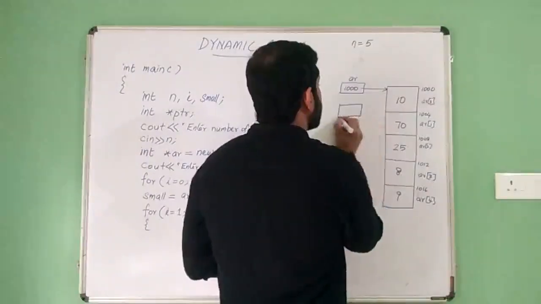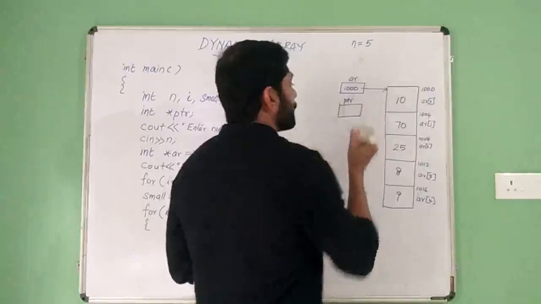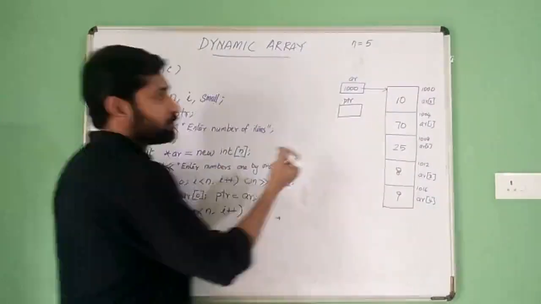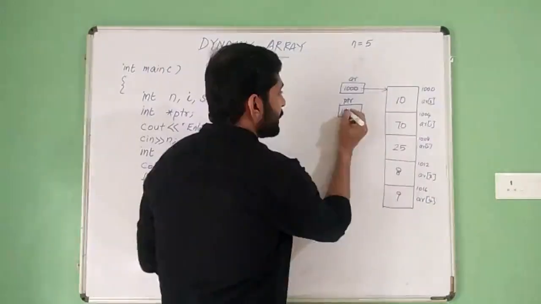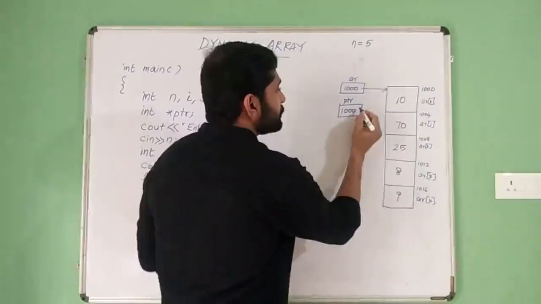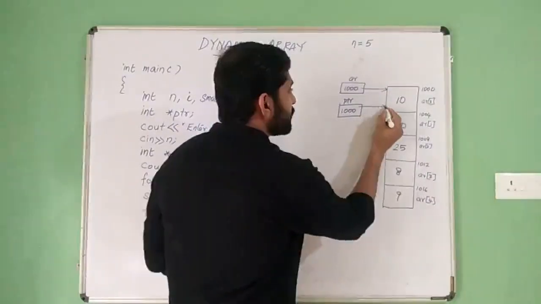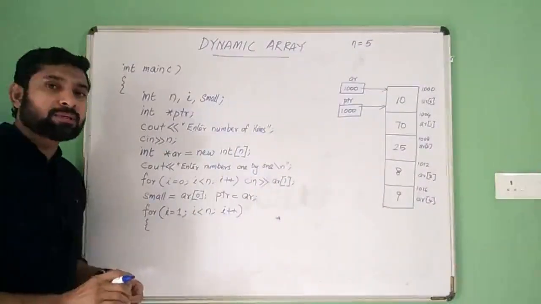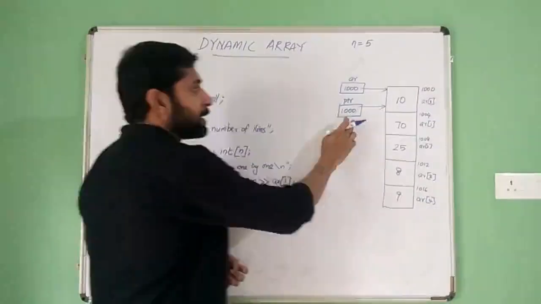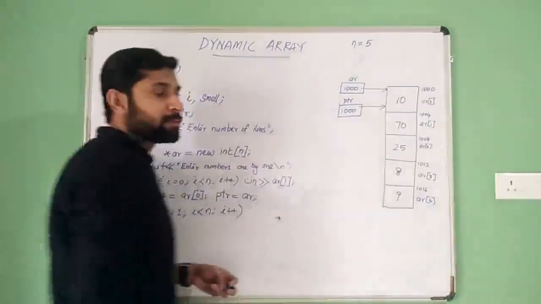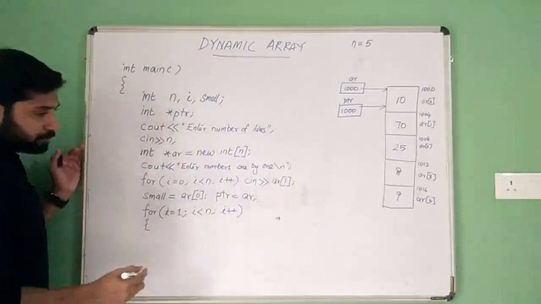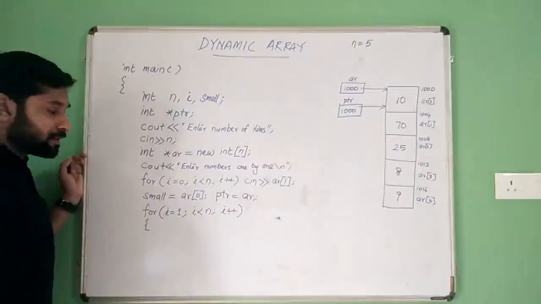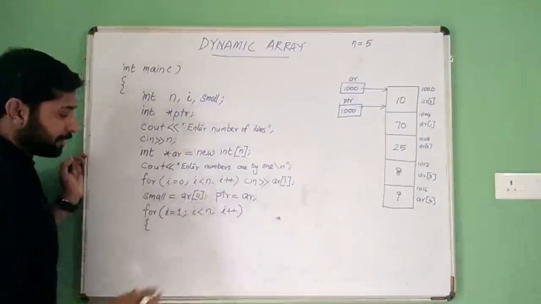A pointer is created, that is PTR. PTR equal to AR. What does it mean? This contains 1000. So this also points to this location. PTR equal to 1000 means this PTR also points to this location. Now, instead of using AR of 0, AR of 1, etc., we are using this PTR.